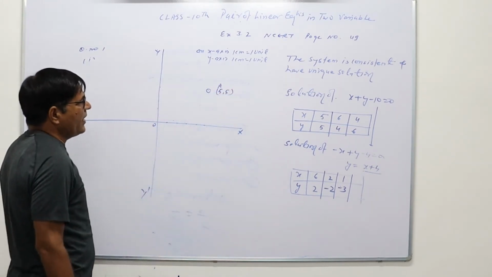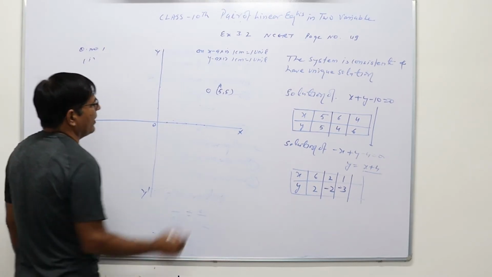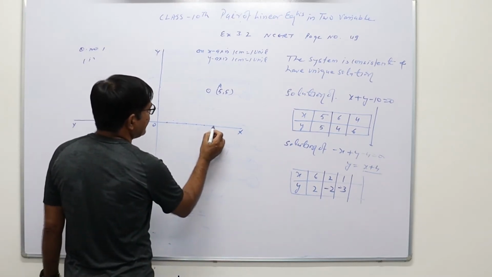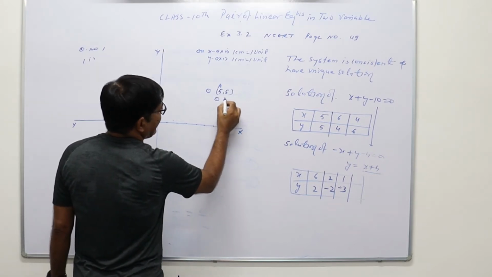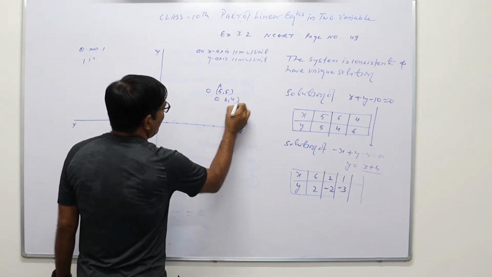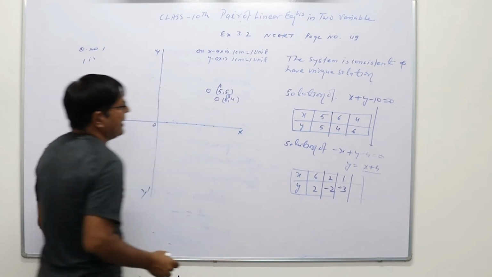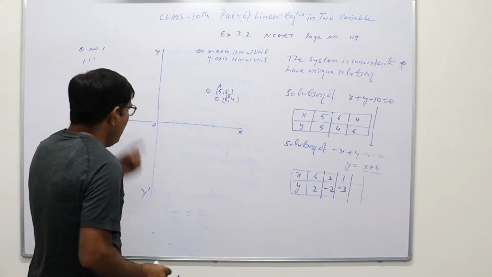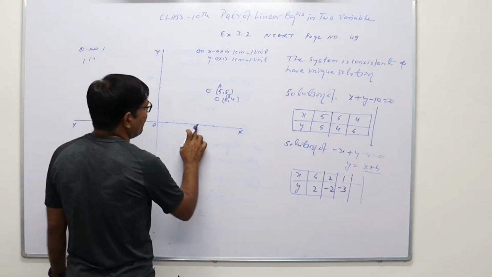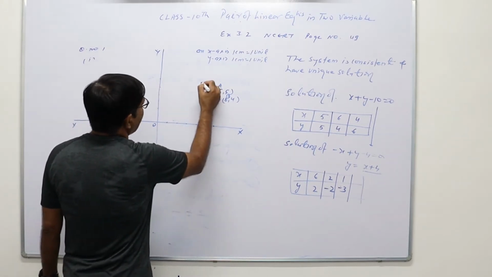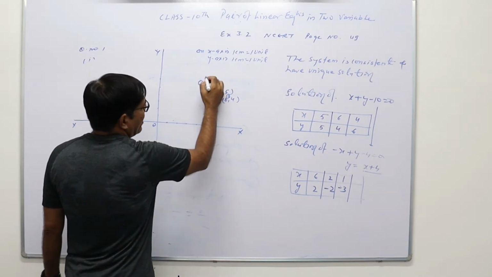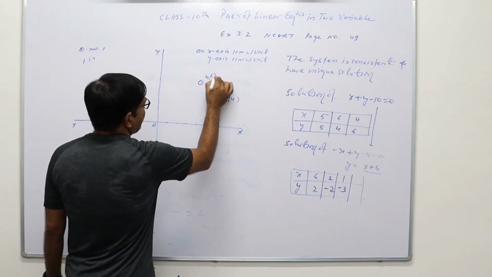Then the second point is (6, 4). So on the x-axis this is 6 and this is 4. So this way we can take (6, 4). Let us suppose this is point B. Then one more point: on the x-axis it is 4 and on the y-axis it is 6, which is (4, 6).